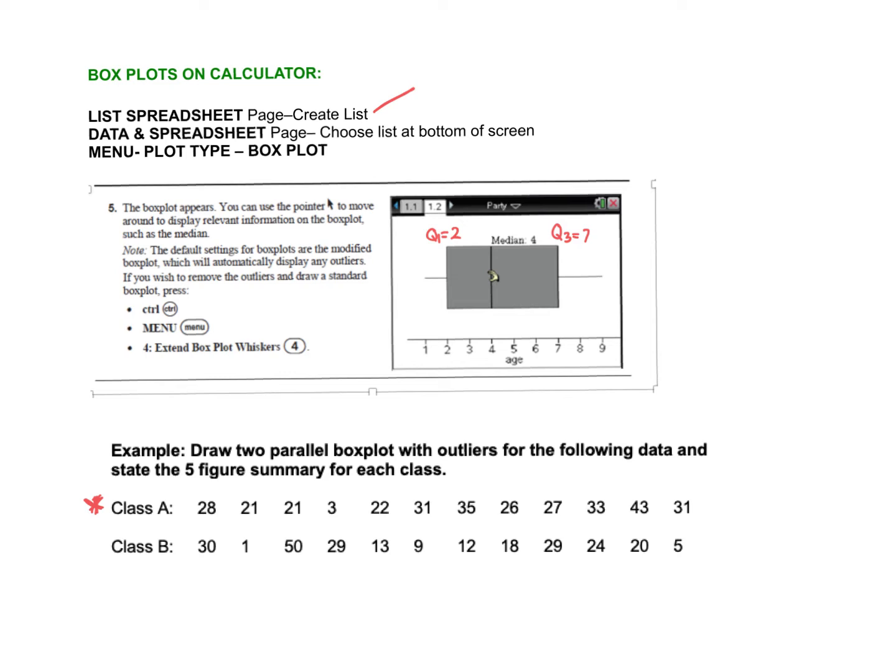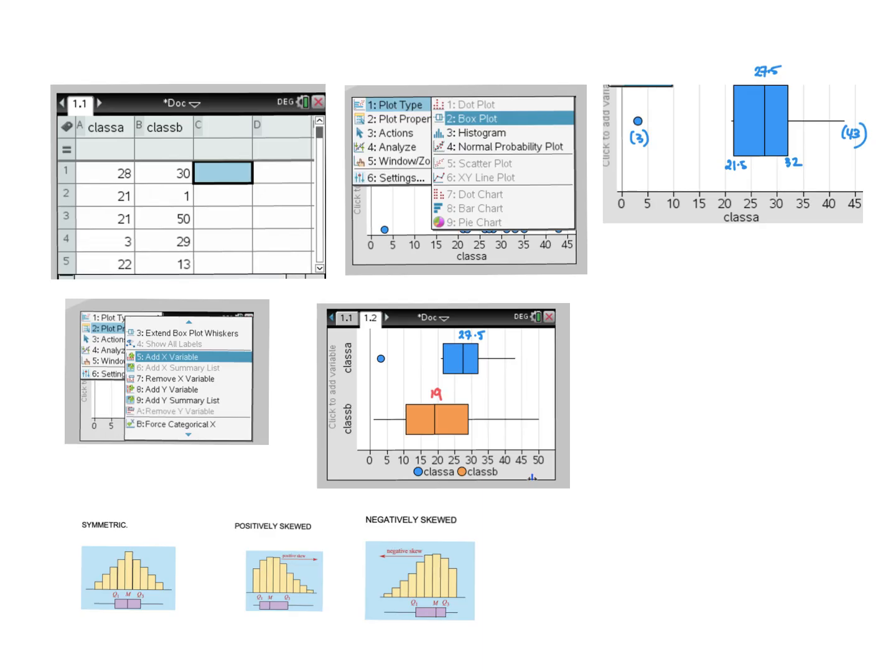Okay, as we saw on the calculator, we created our box plot, and you could see that you could hover over with the hand, and it'll tell you all those things. So we put the list in, here's how we created the box plot, and as I said, you can hover over.